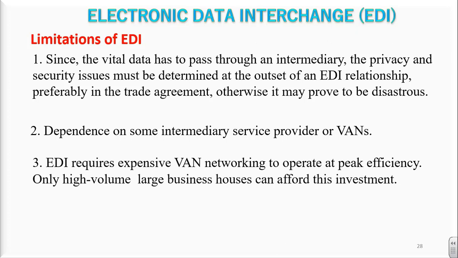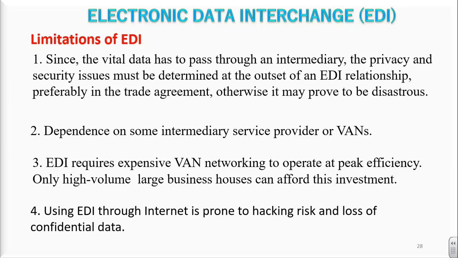The third one, EDI requires expensive WAN networking to operate at peak efficiency. Only high volume large business houses can afford this investment. Using EDI through internet is prone to hacking risk and loss of confidential data. These are some of the limitations of EDI.